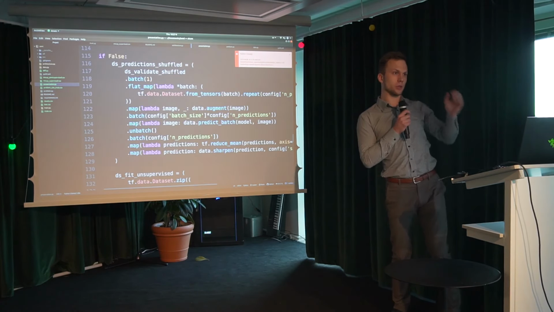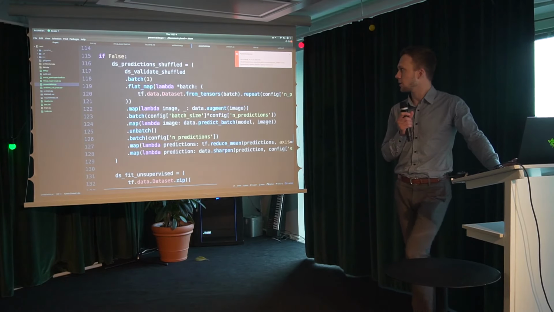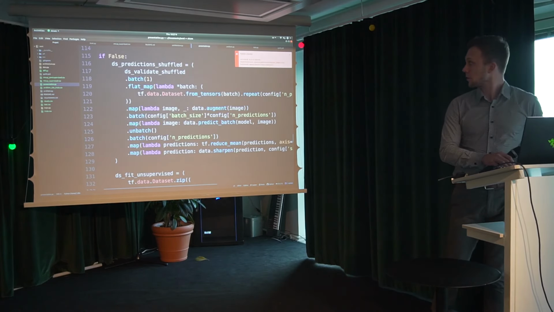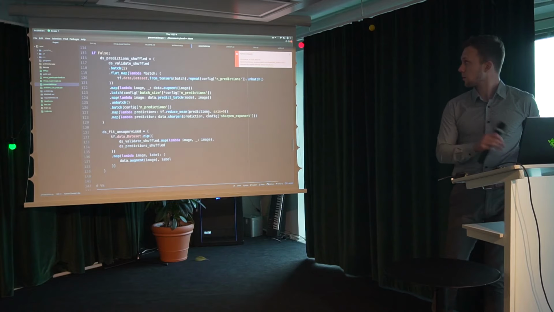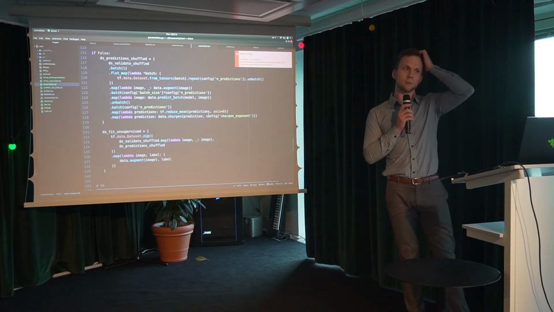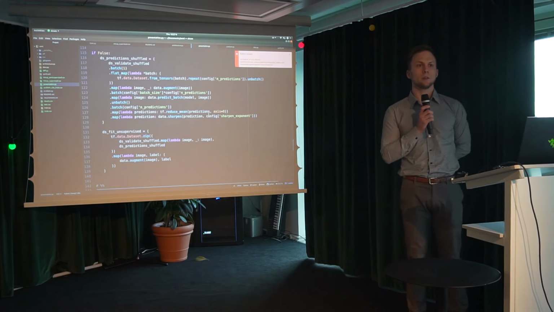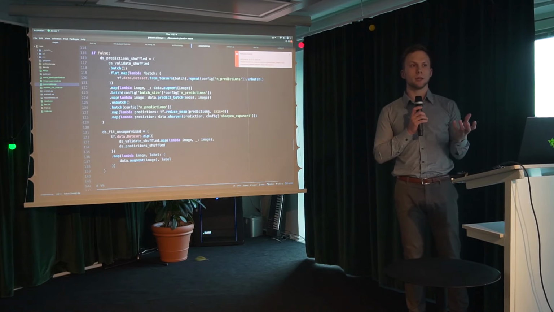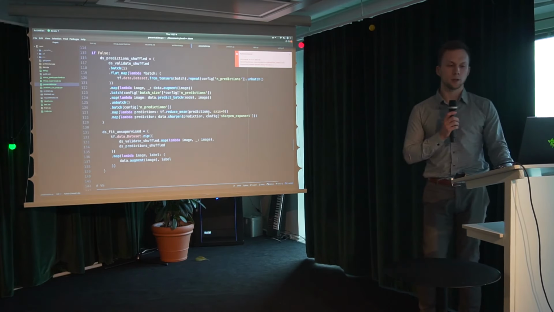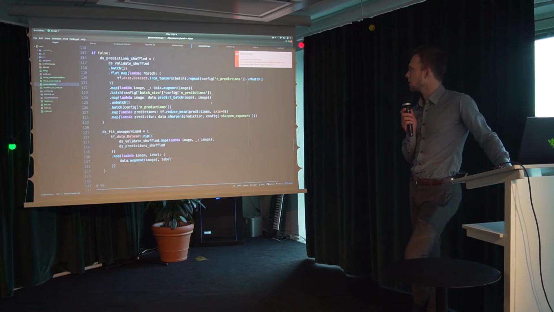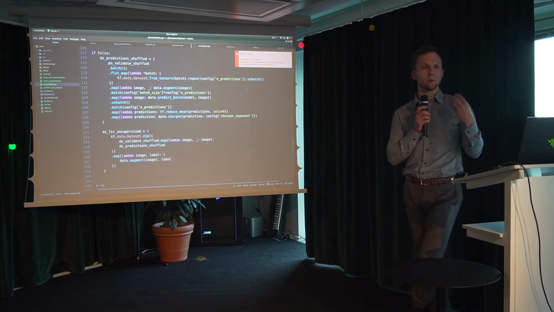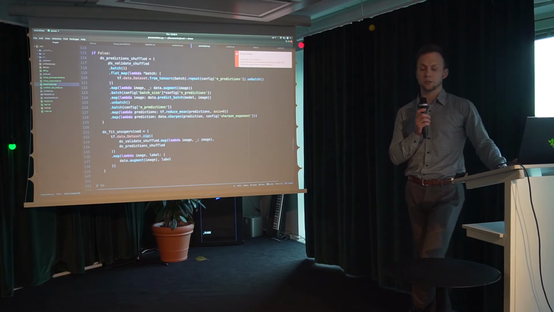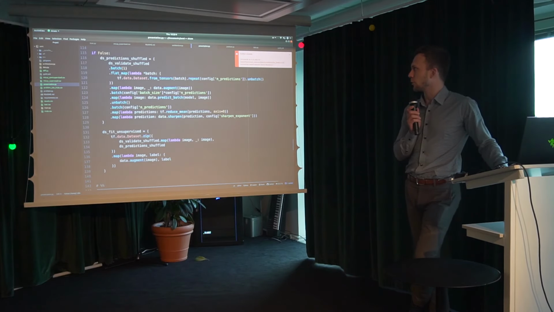I'm not sure we will go into depth on this so much, but I just wanted to show that it's not that much code to create the unlabeled dataset, predictions for the unlabeled dataset, to try and use in your model. So here we have the validation data set. We're throwing away all the labels on the validation data set, and we're repeating each image k number of times.